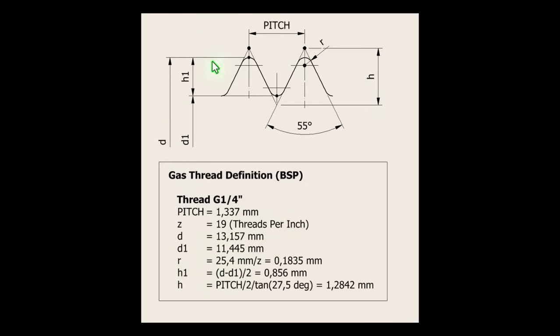H1 is simply to be understood. 0.856. The radius R, this one, is obtained by dividing 25.4 millimeters per the number Z of the pitches per inch, which is 19.